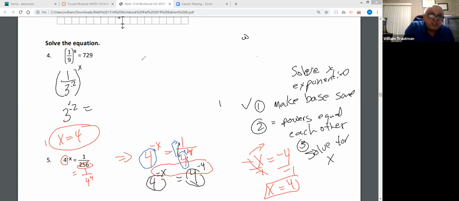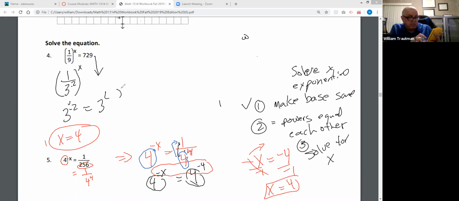Check on your calculator if somehow you can make 729 3 to some power, because you have to make those bases the same. So I'm going to try on my calculator 3 raised to the 4th power. Oh, that's 81. That didn't work. 3 raised to the 5th power. Oh, that's 243.